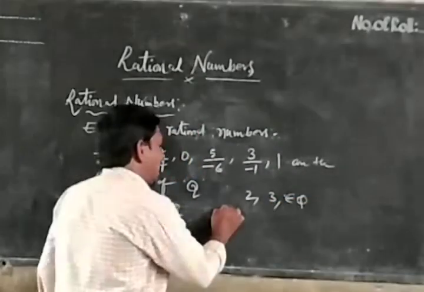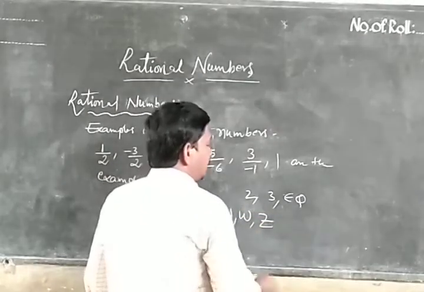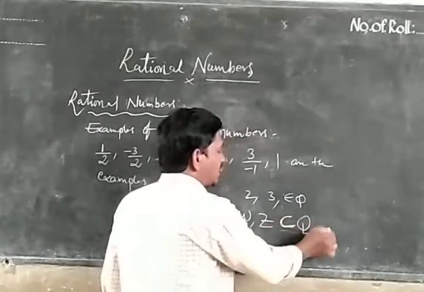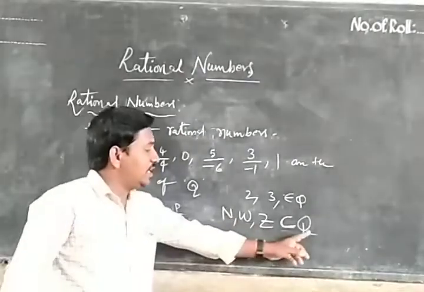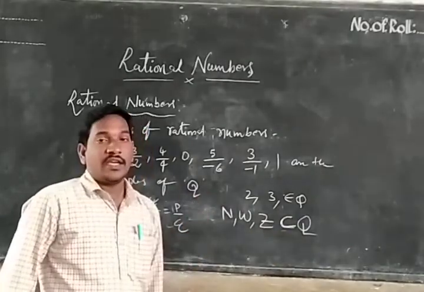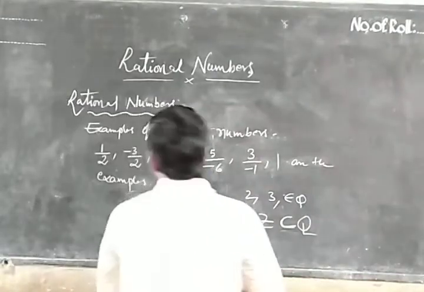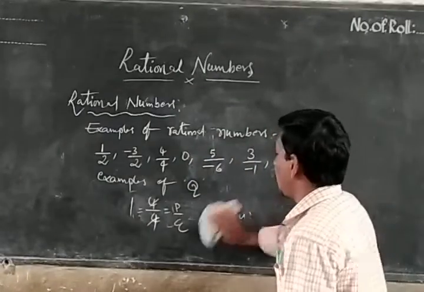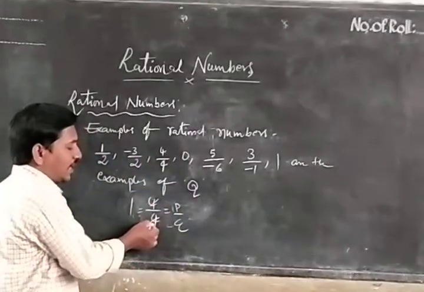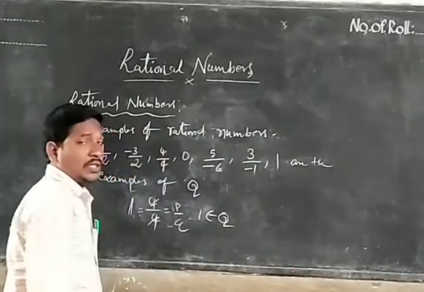Because natural numbers, whole numbers and integers are subsets of Q. So in rational numbers, we can see natural numbers, whole numbers and integers. So 4 by 4 is in the form of p by q, but 4 cancels, giving 1. So 1 belongs to rational numbers.